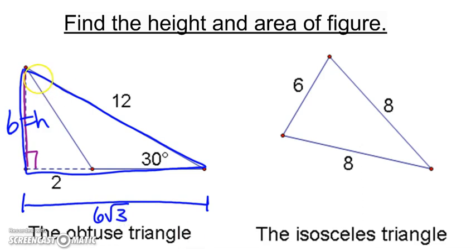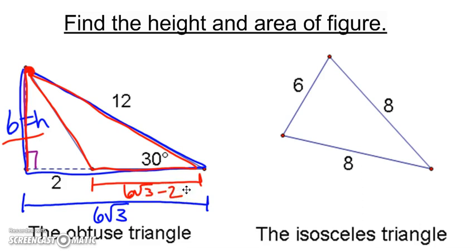But we're talking about the area of the triangle that we really wanted. It's just this triangle right here. So the height is still 6, because that is from the top of the triangle all the way down to the base, but the base is just this portion, which is 6√3 minus 2. So in order to find the area, take half of the base and multiply that by the height.